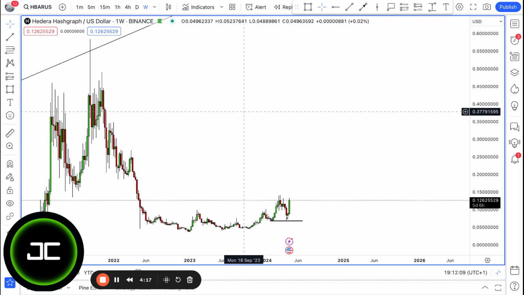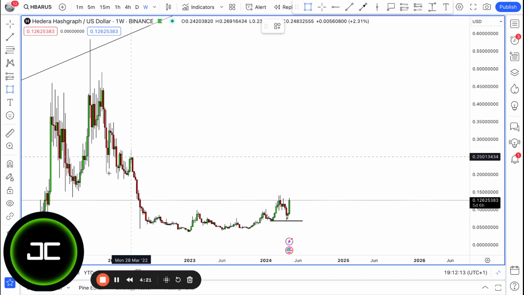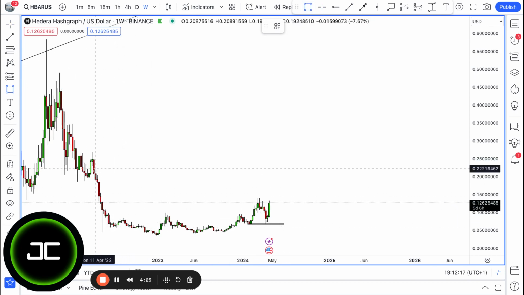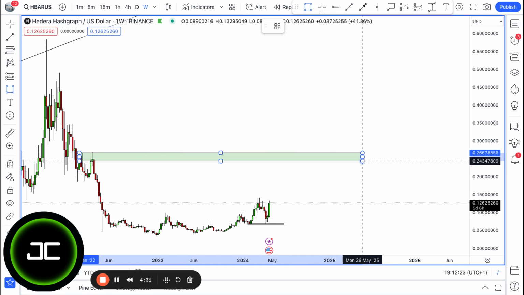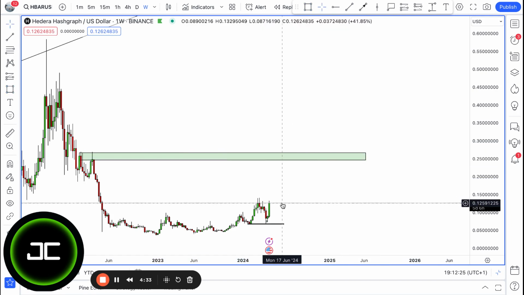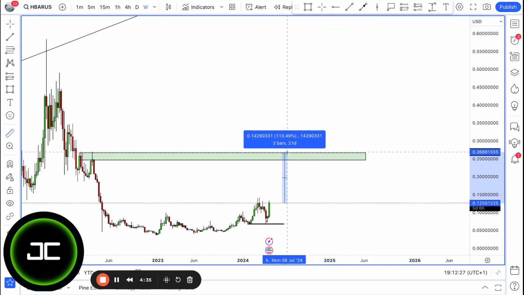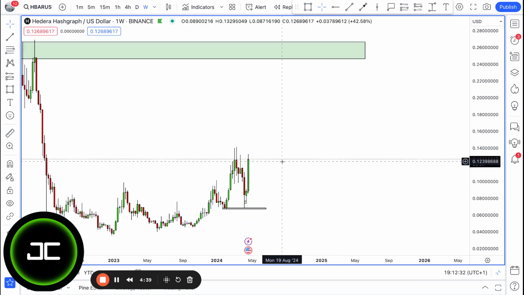Well, we'll have to see. Some key areas within the market. We've got a bit of clear structure here for us to move through. Now, just to go off, this is an area of interest for me. Of course, this would be a big push. It'd be a 100% move, 110% move if we got that.